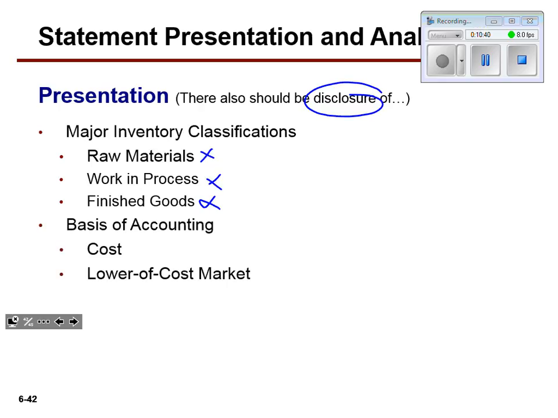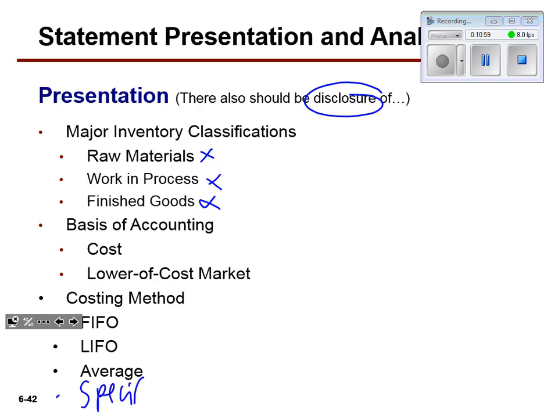They'd need to mention their basis of accounting, whether it's cost or lower of cost or market, and they should disclose somewhere on their financial statement which costing method they're using, FIFO, LIFO, or average. Don't forget there's a fourth, that the book says is pretty rarely used. What's the most natural costing flow?